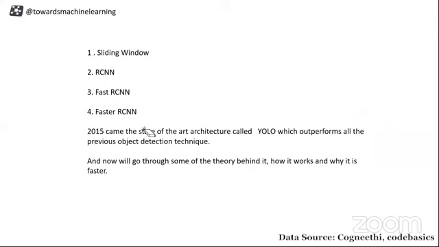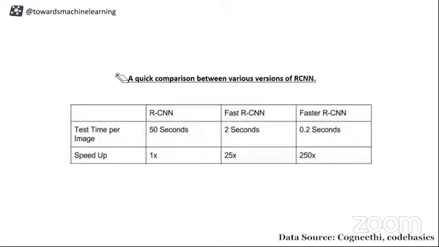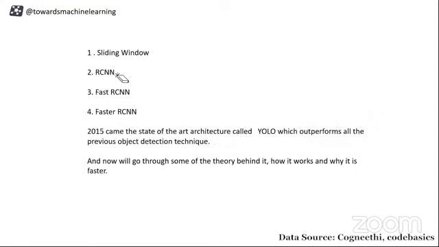So we started with the sliding window, then came to RCNN. I'm sorry, we are running late on time, so I take some fast jumps, but you can read about it. The sliding window has some disadvantages: it was taking too many regions of an image into consideration, and we don't want that. We jumped to the selective search algorithm, which was used in RCNNs, and even so it took 50 seconds per image.